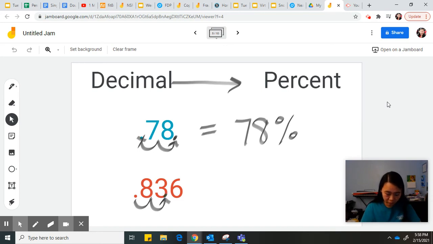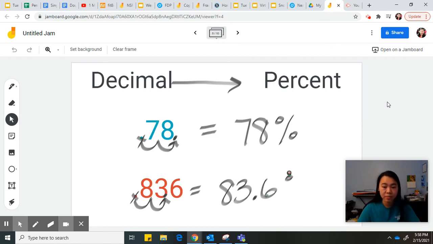Sorry, it's a little shifted over. It's between the 3 and the 6, so this is no longer there. I'm going to rewrite that. 83.6%. So same thing. I moved it over 2 times, 2 hops. I know that I'm going to the right because I wrote this down on my piece of paper. Decimal first, going to percent.